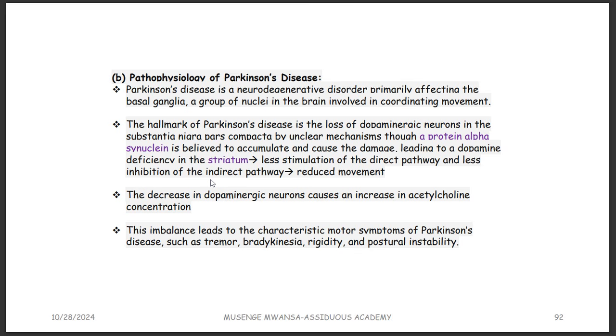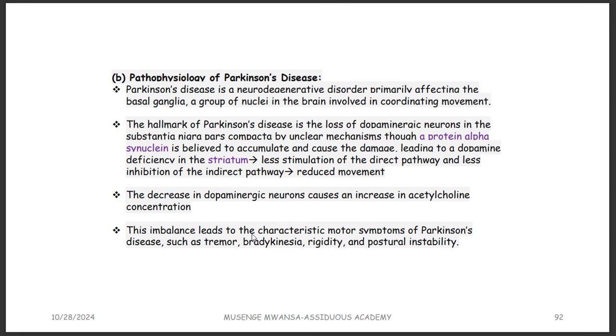Remember, when the dopamine comes from the substantia nigra pars compacta, it goes to the striatum. So there's going to be less stimulation of the direct pathway and less inhibition of the indirect pathway. The net product is going to be reduced movement, and the decrease in dopamine will cause an increase in acetylcholine.